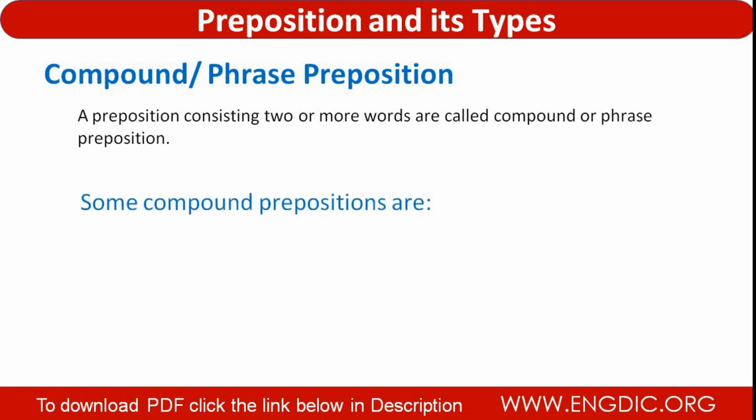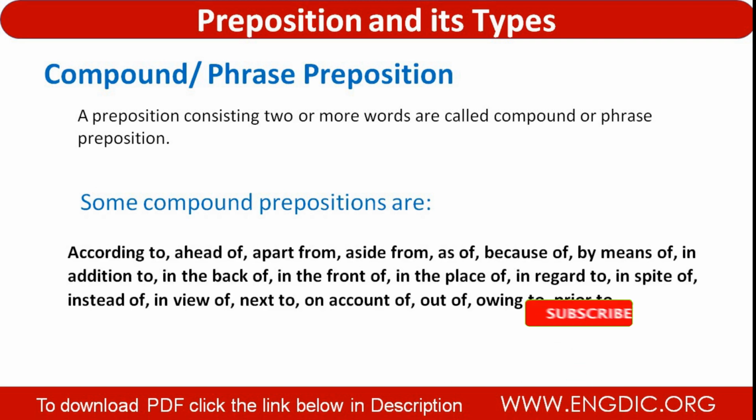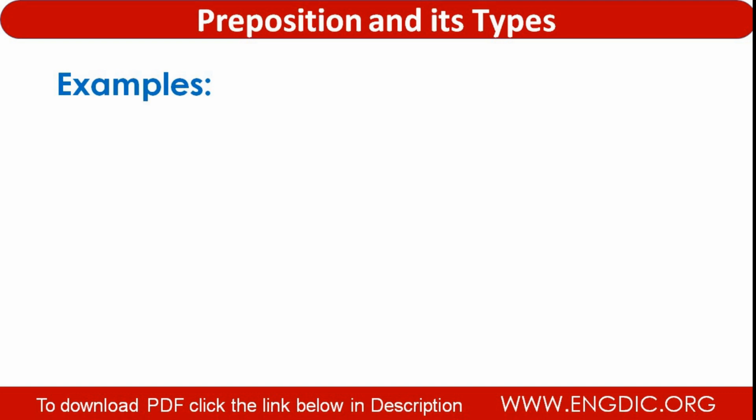Some common prepositions are according to, ahead of, apart from, aside from, as of, because of, by means of, in addition to, in back of, in front of, in place of, in regard to, in spite of, instead of, in view of, next to, on account of, out of, owing to, prior to, etc. Let's look into some sentence examples.